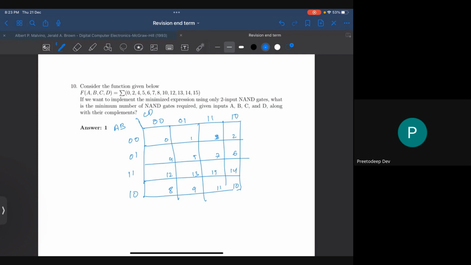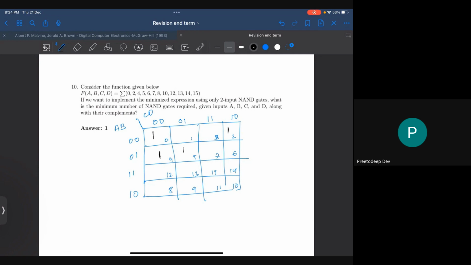So it's given 2, right? So writing in the black color: 2 and 0 also, then 0 2, then 4 4, then 5 6 7 8, then 10, then 12, then 13 14 15, right?